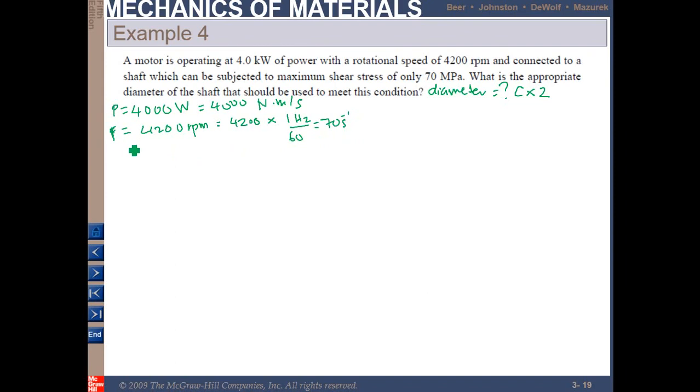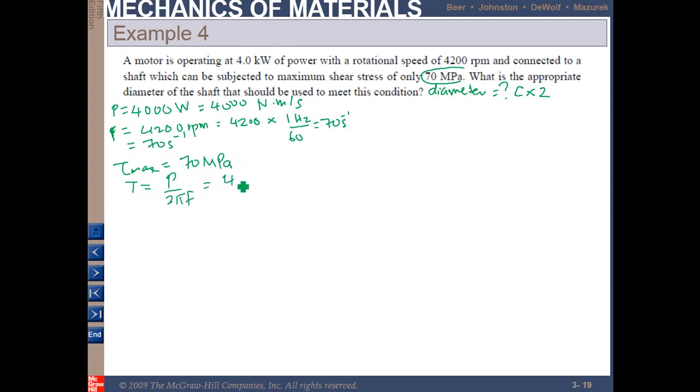So the frequency is equal to 70 hertz. And then it has been given that the allowable stress is 70 MPa. The shear maximum means the allowable stress is 70 MPa. So from the equation, torque is equal to P over 2 pi f.